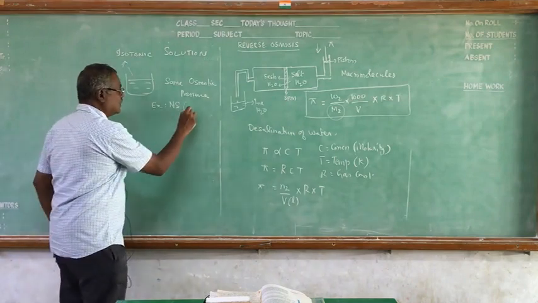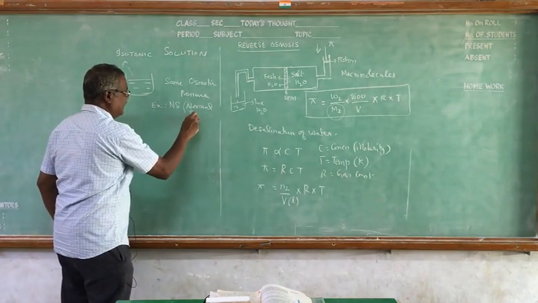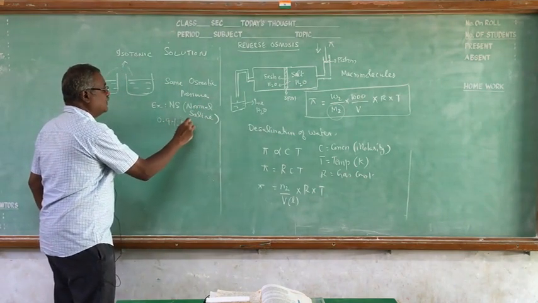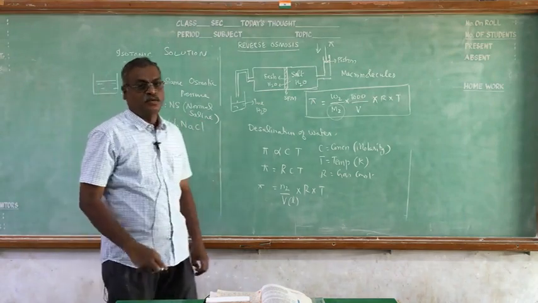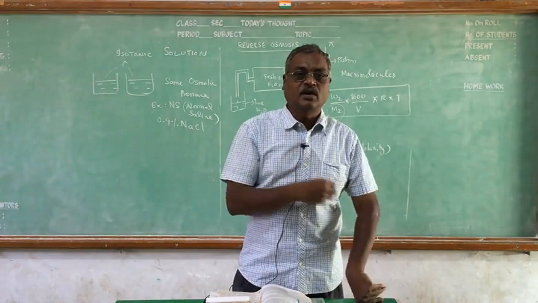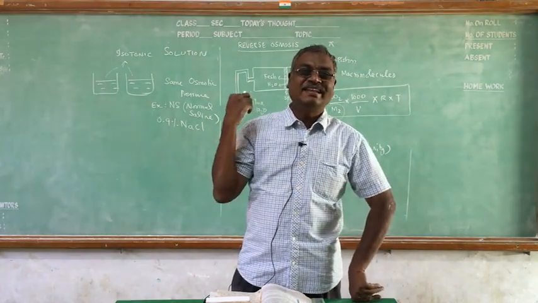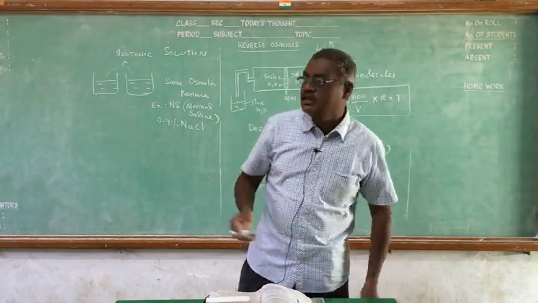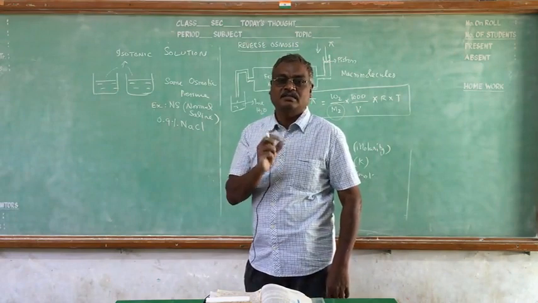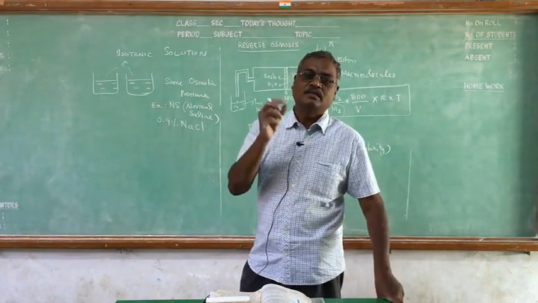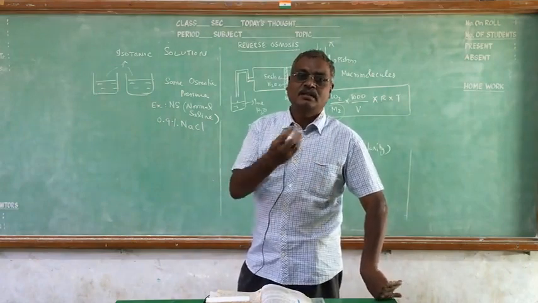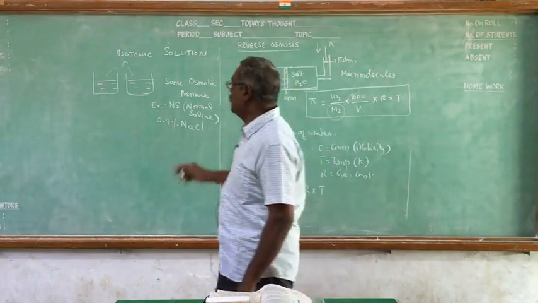NS means normal saline, that is 0.9% sodium chloride. If they want to inject glucose or anything for a person, then they will mix it with the NS solution. It has the same osmotic pressure as the blood corpuscles. The blood fluid and this normal saline have the same osmotic pressure. Then only the blood will accept it. So this is isotonic.